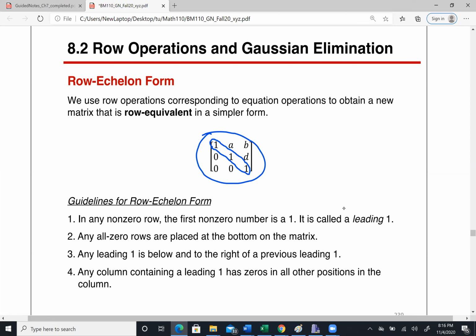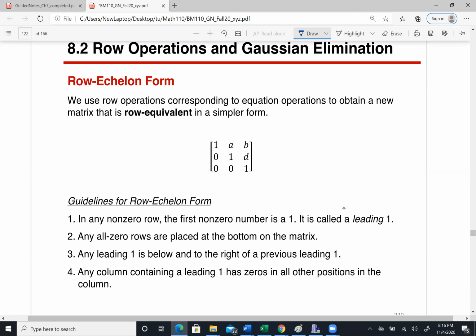Okay, so let's talk about guideline for the row echelon form. First, in any non-zero row, the first non-zero number is a number one. So let's come back with the matrix.